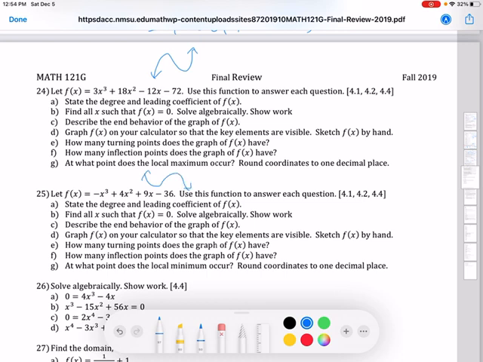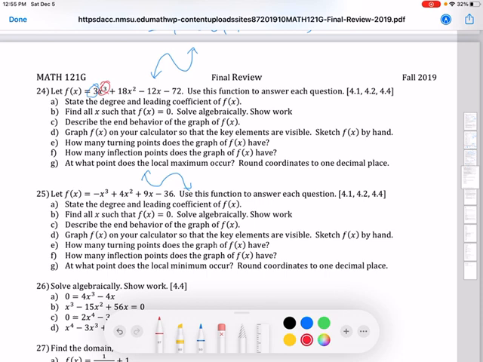Okay, so all we have to do is describe some of these things. So state the degree. The degree is 3. The leading coefficient is the number in front, and it's a 3. And the leading coefficient is 3.